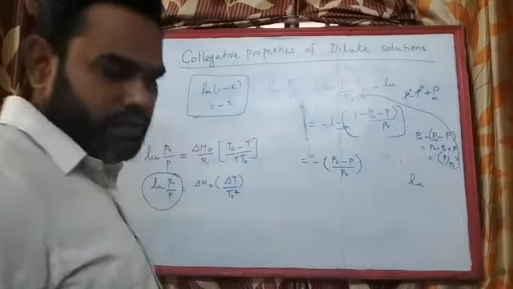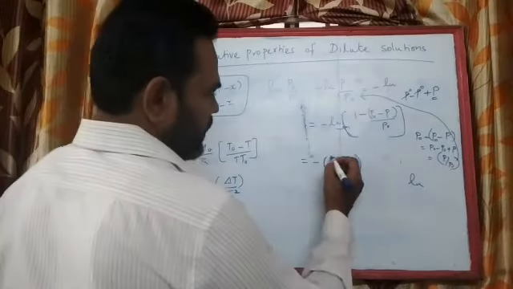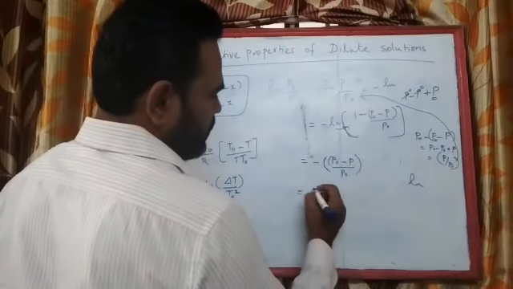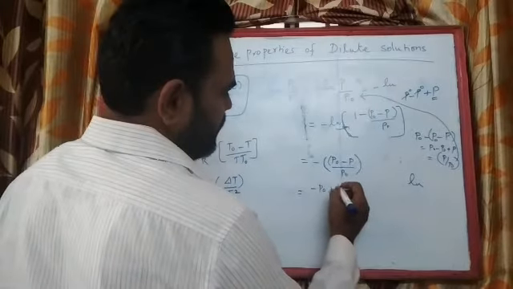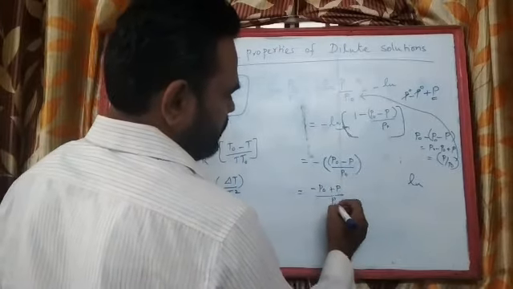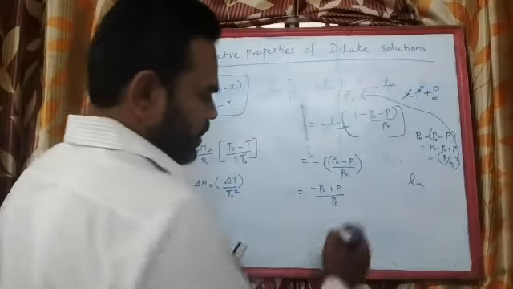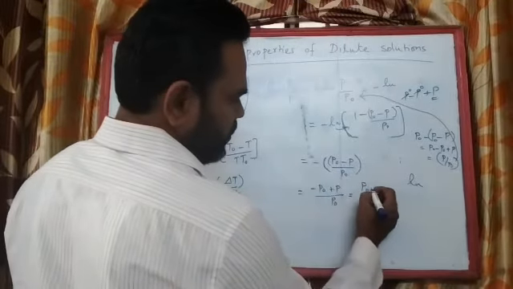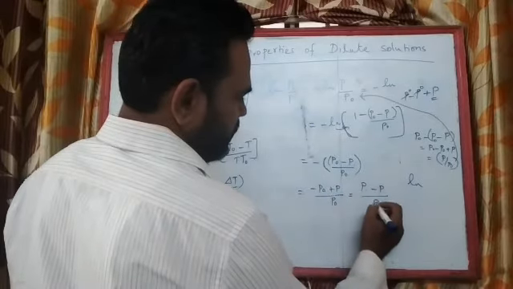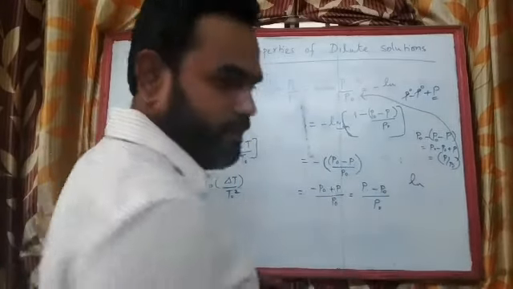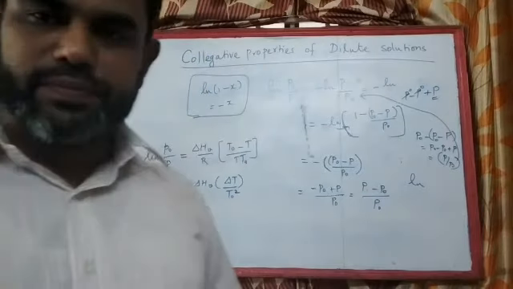So that equation now becomes minus P0 plus P by P0, which is equal to P0 P minus P0 by P0. Is it clear?